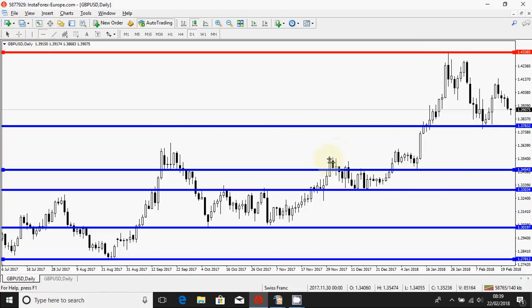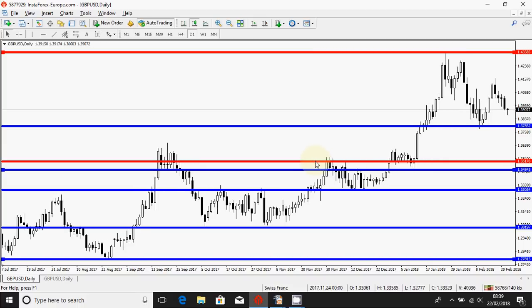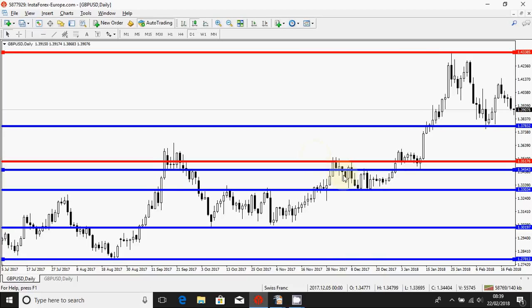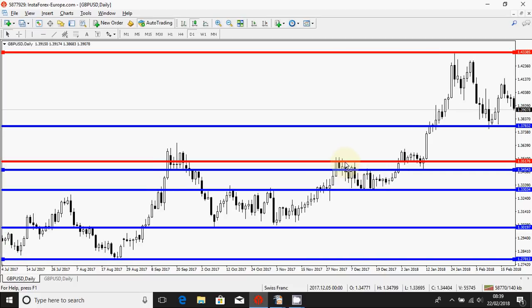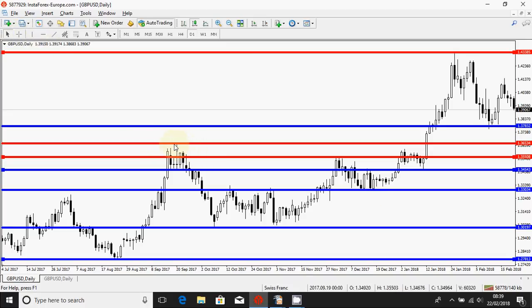Okay, now let's identify more of such areas. That's one area. This is another area. This is another area here. Price found it hard to break here and it fell down. You see, that's a mini one. This is also another resistance area.